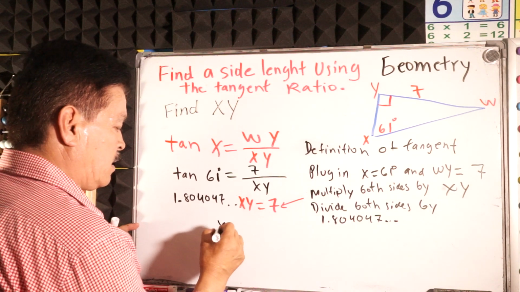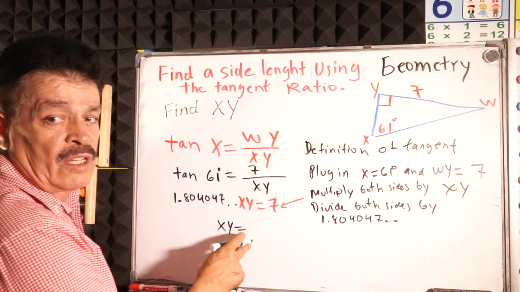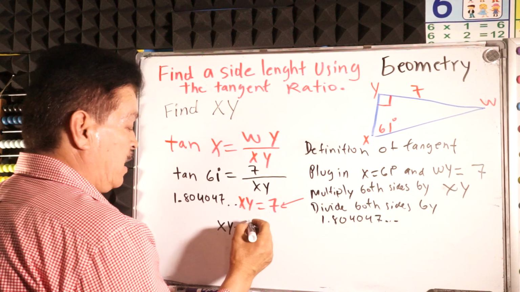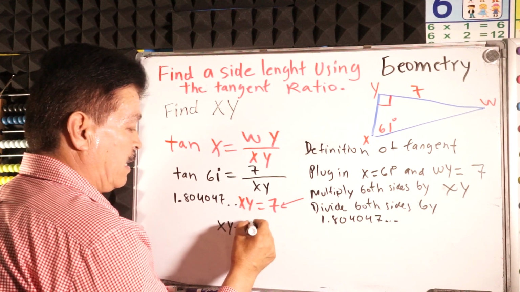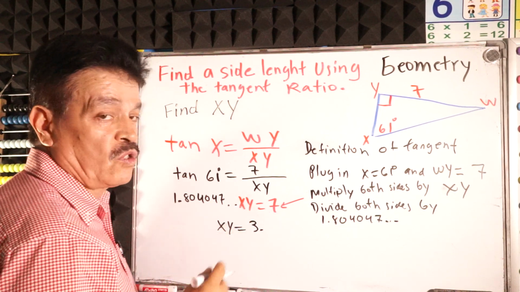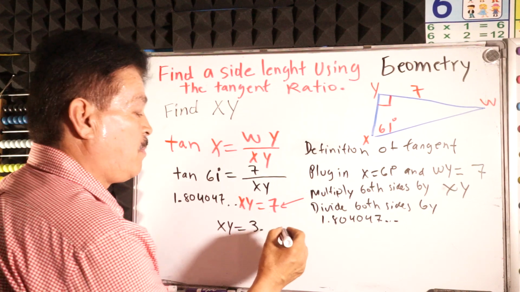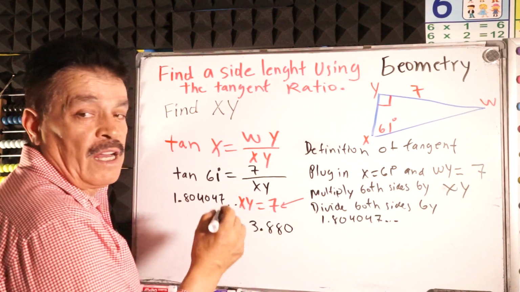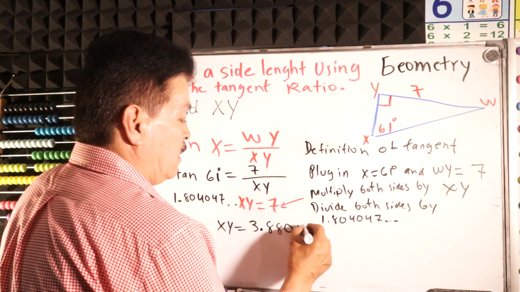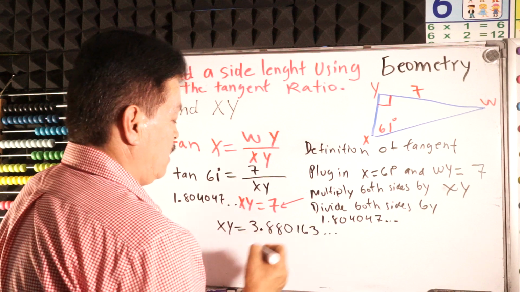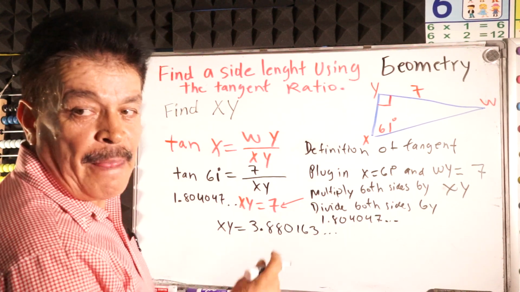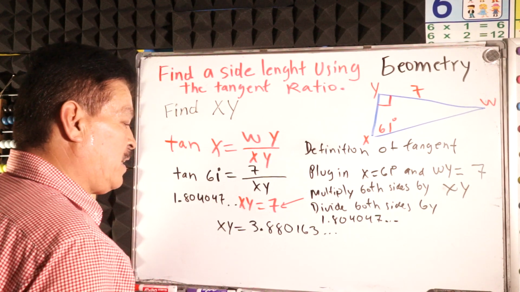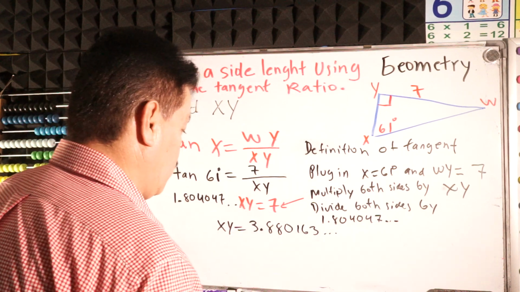We'll have xy equals 3. When you divide it, it equals 3, just make the division there, 3.880, and then 163, and continue. So the answer here is the north.